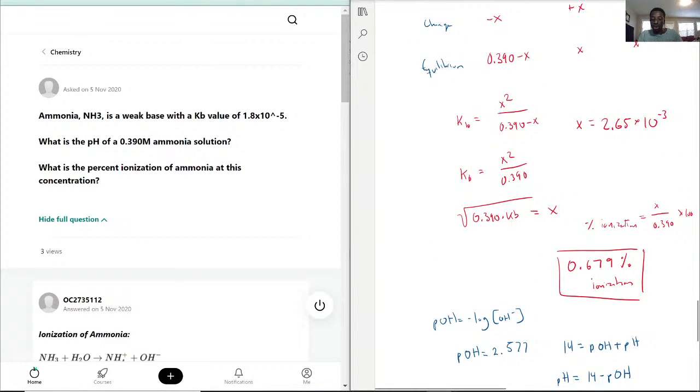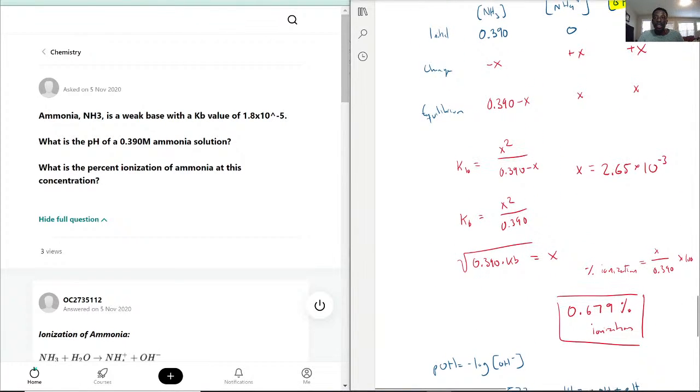And just to show you the whole quadratic situation, if we were to use the quadratic formula, I do have it memorized, just like how to approach it. The KB would be your B value.